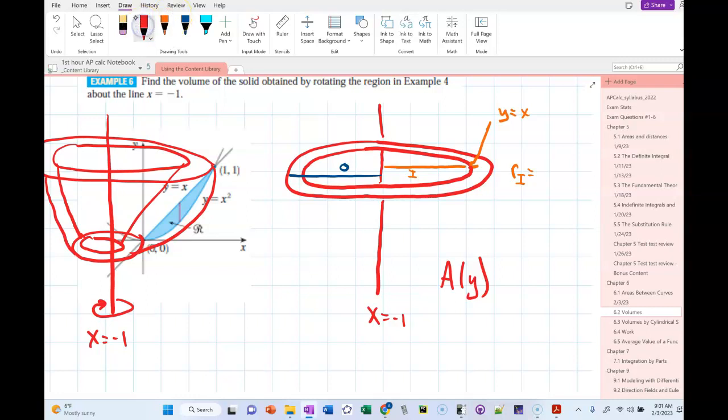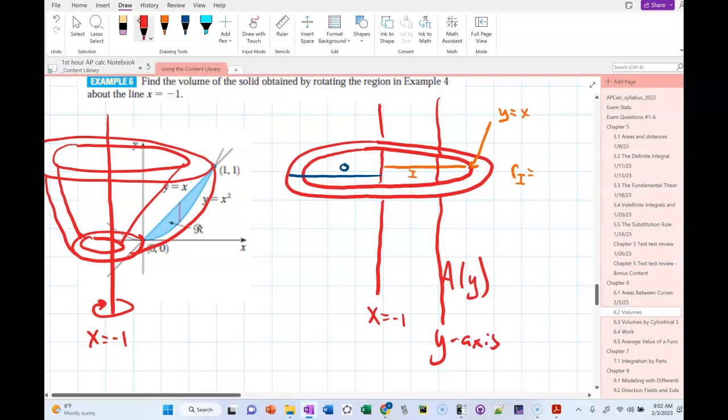So what is that inner radius going to be? Keep in mind that you have the y-axis coming in right here, right? So wouldn't it be like 2 minus x? It'll be 1 plus x.